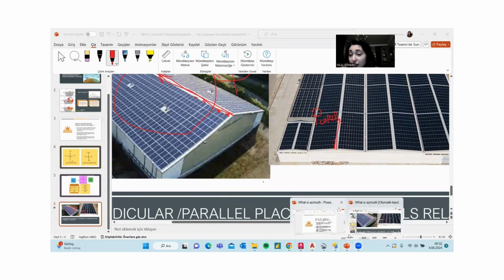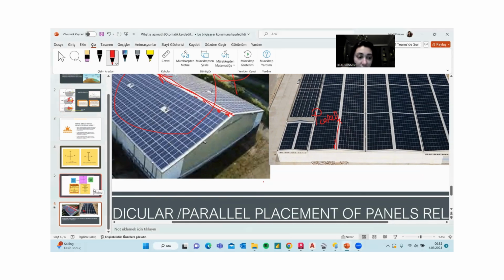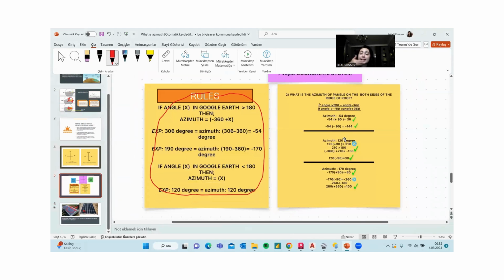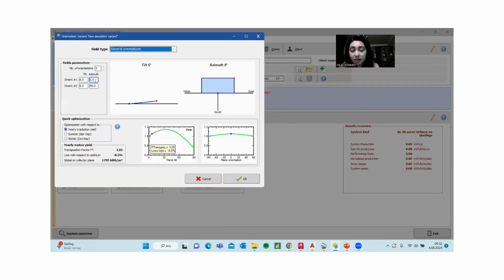And after knowing that information, we can come to our calculations. In this section, we will write the azimuth of our panels.